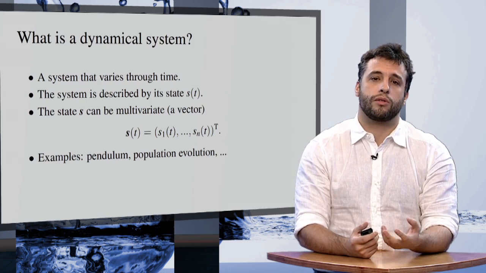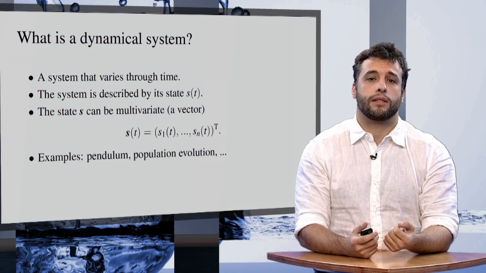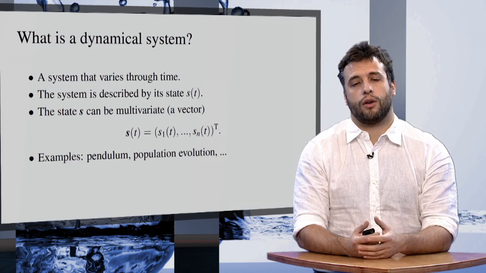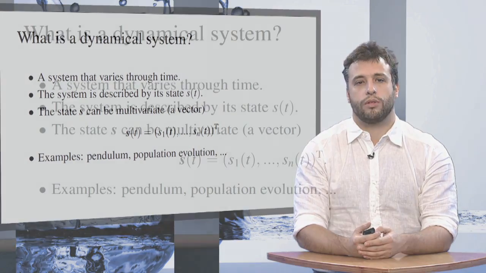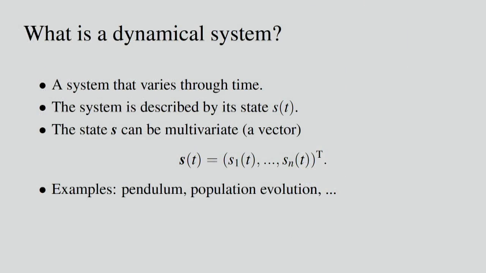We used to describe such a system by its state, which is noted S, and which will depend on time. So, S of t is a function. The state can be a vector, of course, also. So here we noted it with S going from 1 to n.